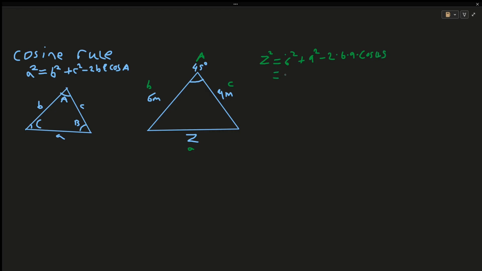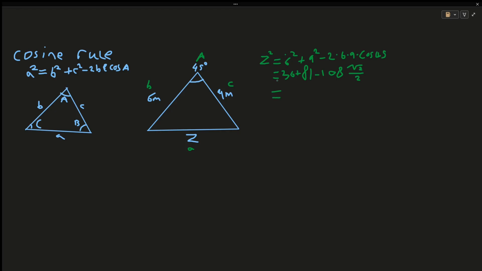So 6 squared is 36, 9 squared is 81, 2 times 6 is 12, times 9 is 108, so 108, and cos 45 is root 2 over 2, so 108 times root 2 over 2.